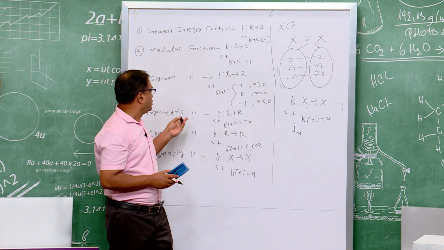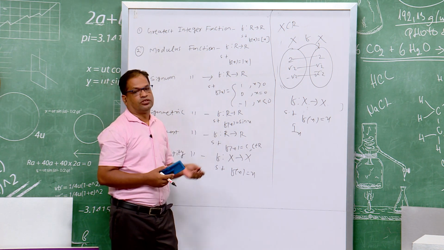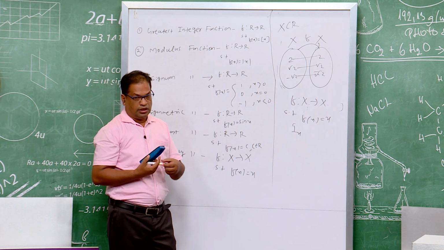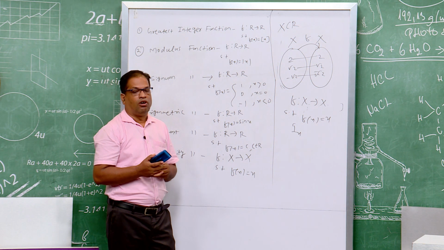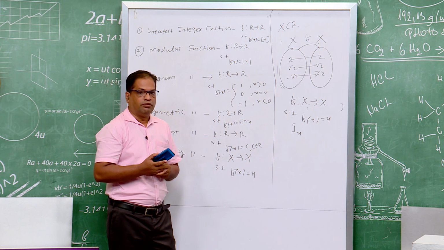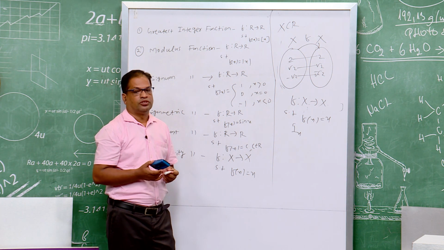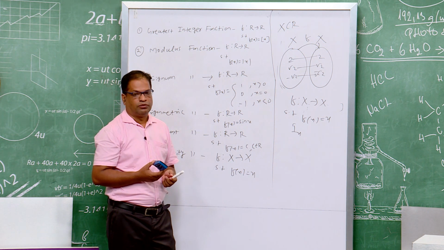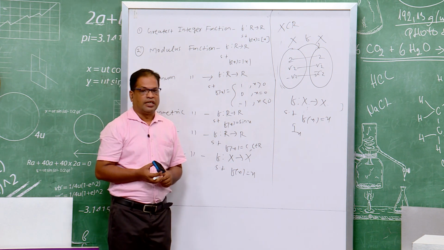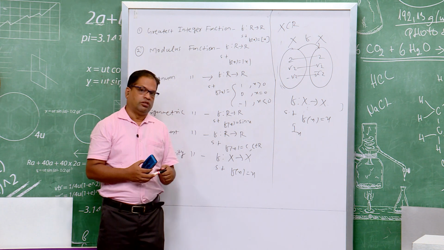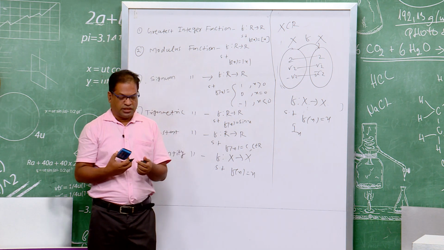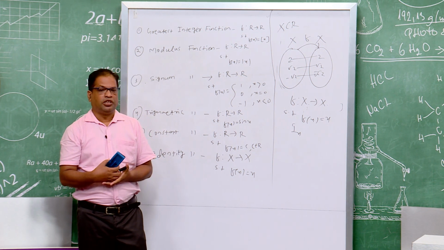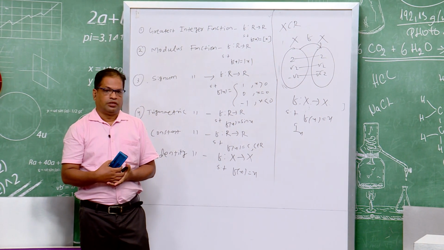So among these 6 types of functions we have discussed, only the identity function is bijective. The greatest integer function, modulus function, signum function, trigonometric functions and constant functions are neither 1-1 nor onto. But you can make them bijective by restricting the domain and codomain.